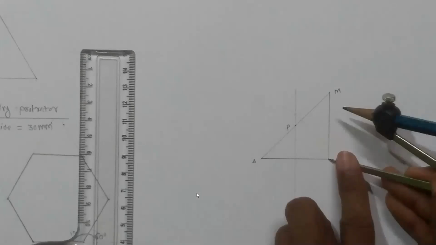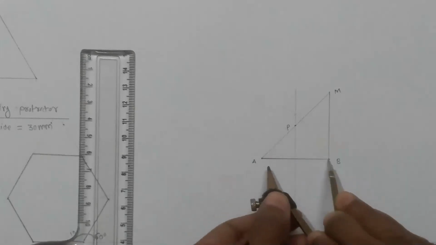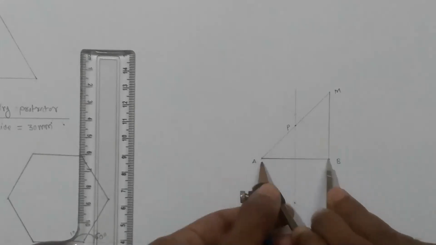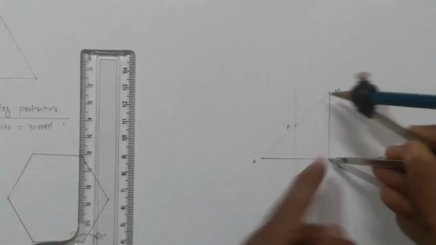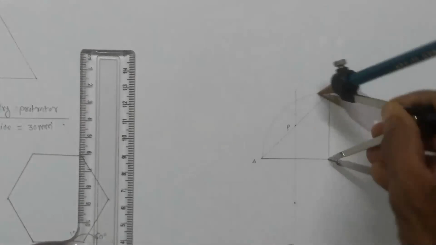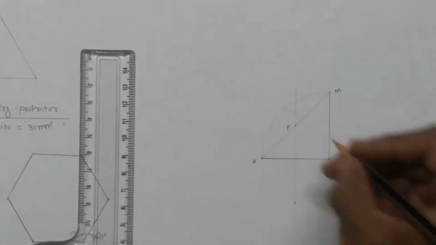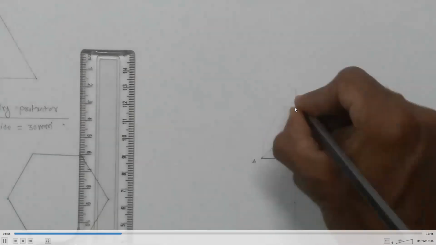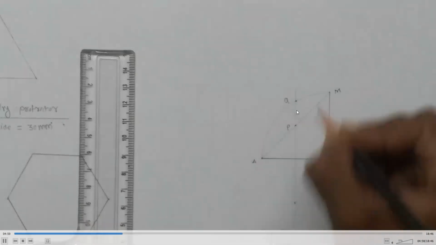Now with B as a center and radius equal to AB, draw the arc passing from A and M. Okay, so this arc will intersect the vertical line, that is the bisecting line, at point Q.